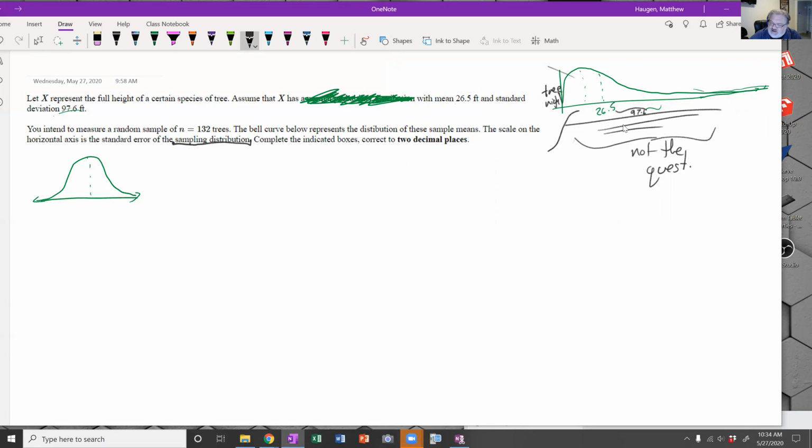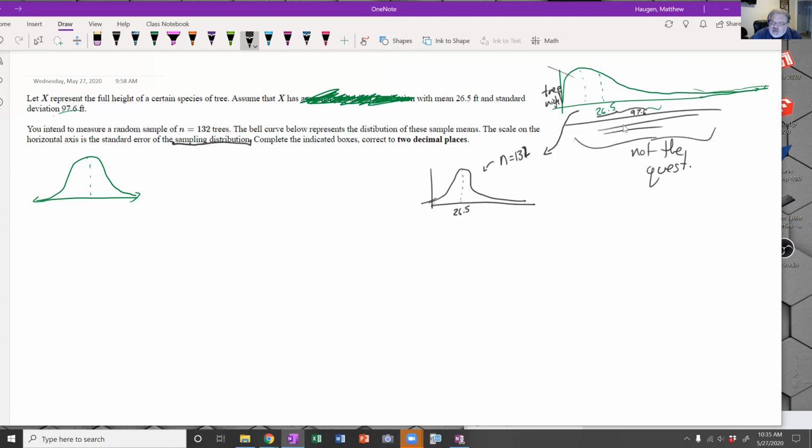We're imagining somebody took samples of 132 trees and came up with averages and distributed all of those averages. Well, all of those averages should land in a nice, tight, normally distributed curve. Now, the mean of that normally distributed curve should match the same 26.5.